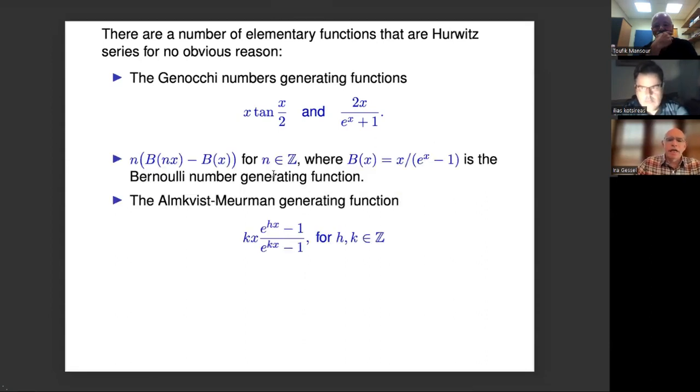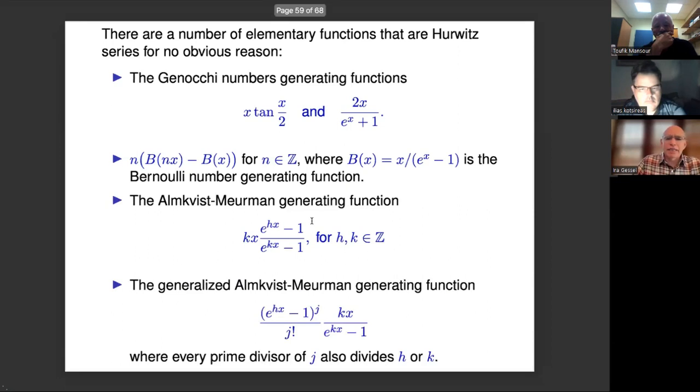And there's another generating function that has integer coefficients that is related to the Bernoulli numbers. If you take this kx over e to the kx minus 1, that's just the Bernoulli number generating function with kx for x. Then you multiply it by this thing. And Almkvist and Meurman proved that this has integer coefficients.